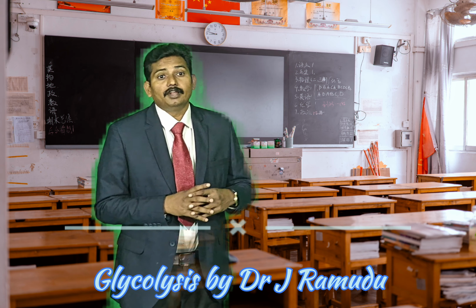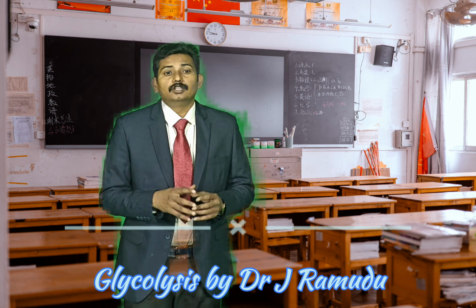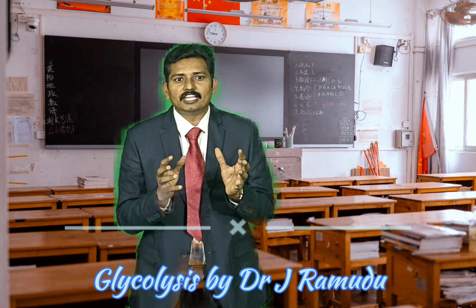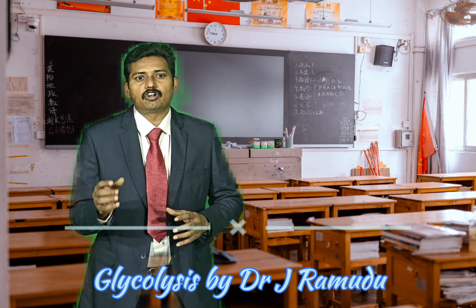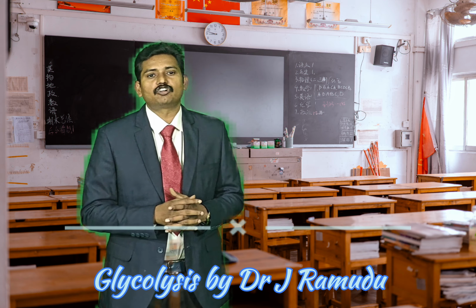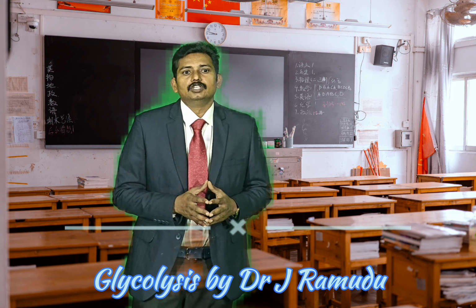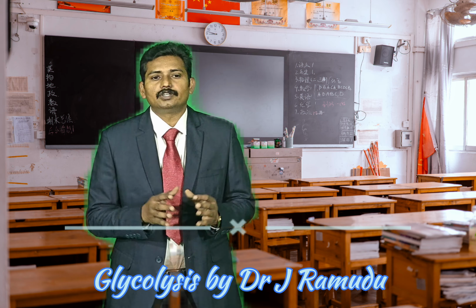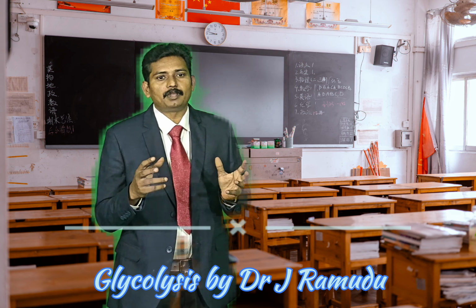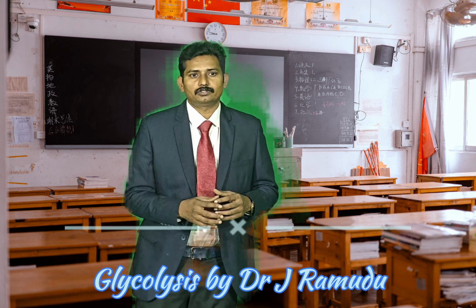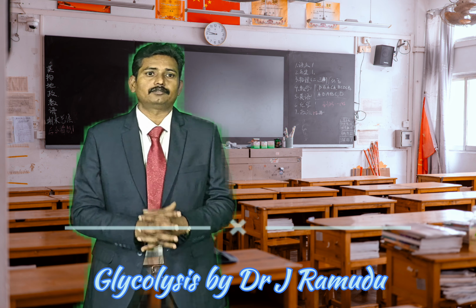Next, step 5, dihydroxyacetone phosphate is converted into glyceraldehyde phosphate. Here the enzyme is triose phosphate isomerase. The 2 GAP molecules continue. So this is the second phase.